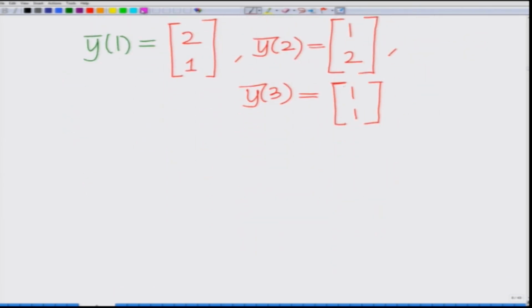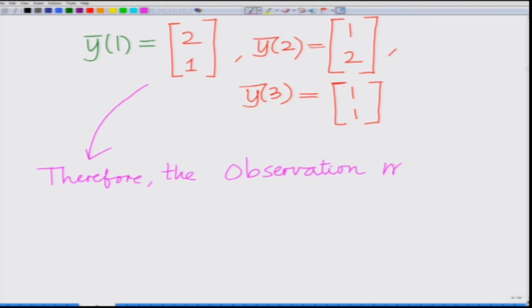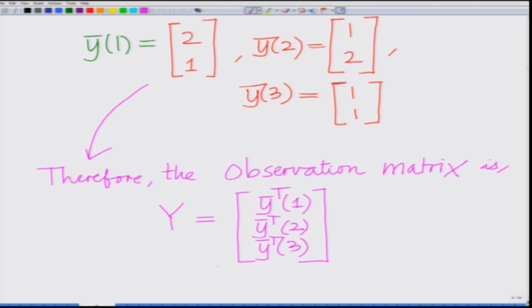Now, from these received vectors we can construct the observation matrix. Therefore, the observation matrix Y equals y bar transpose 1, y bar transpose 2, y bar transpose 3, which can be written as y bar transpose 1, that is 2 comma 1, y bar transpose 2, that is 1 comma 2, y bar transpose 3, that is 1 comma 1.